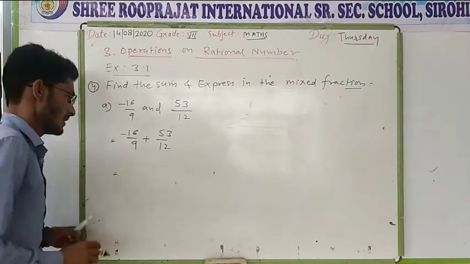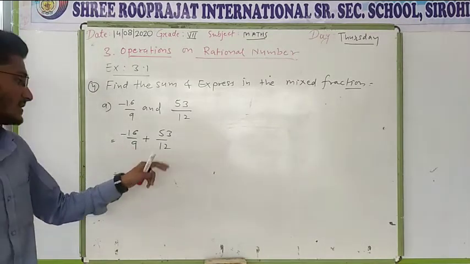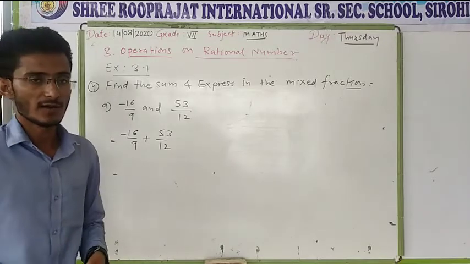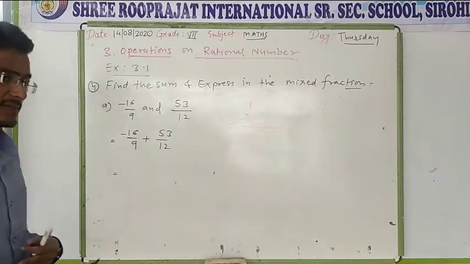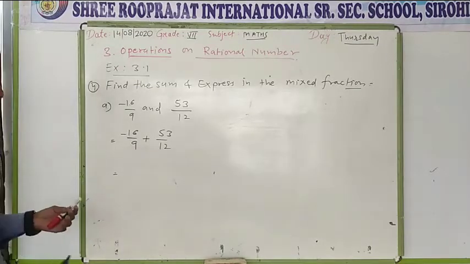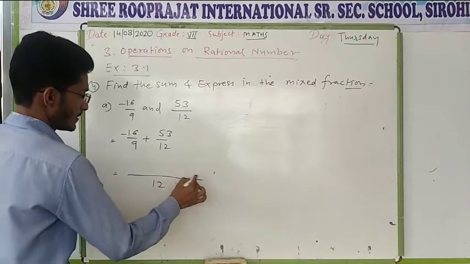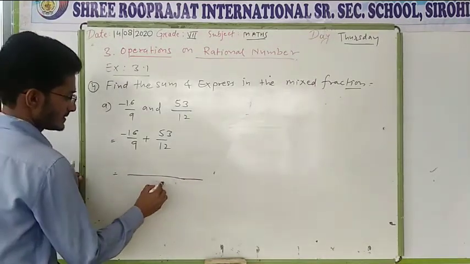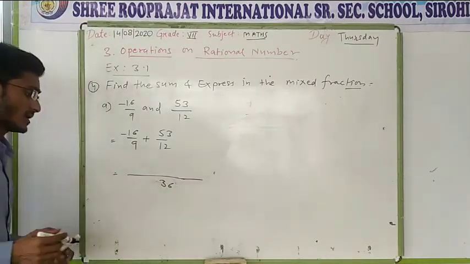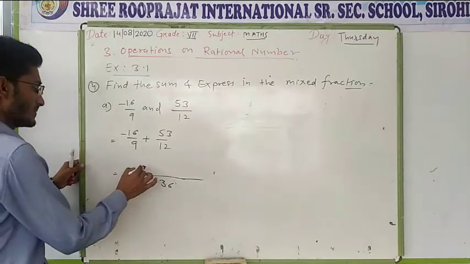First of all, either you can change both into an equal denominator, that means you have to take the LCM of 9 and 12. You get 36, then you have to multiply both the numbers and change 9 and 12 into 36. Or you can directly solve using the LCM. So the LCM is 36, you can check. Now 36 divided by 9, how many times? 4 times.